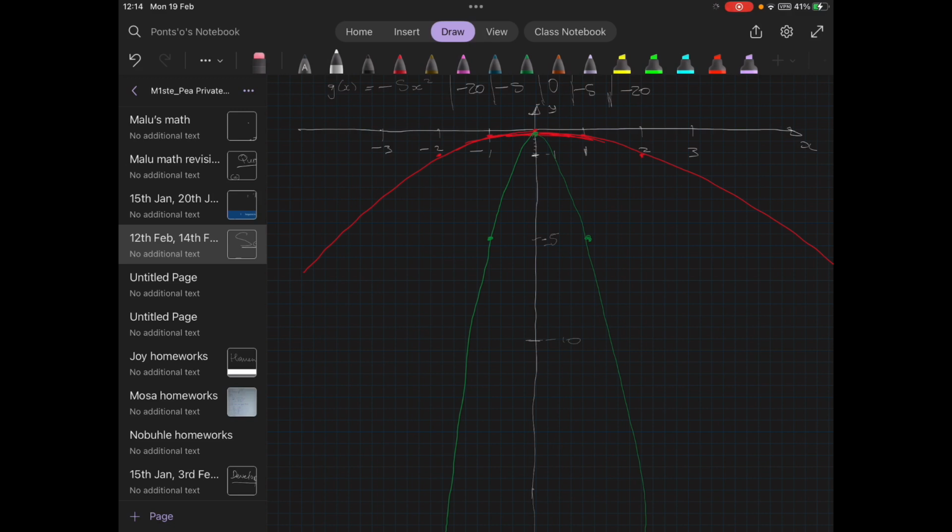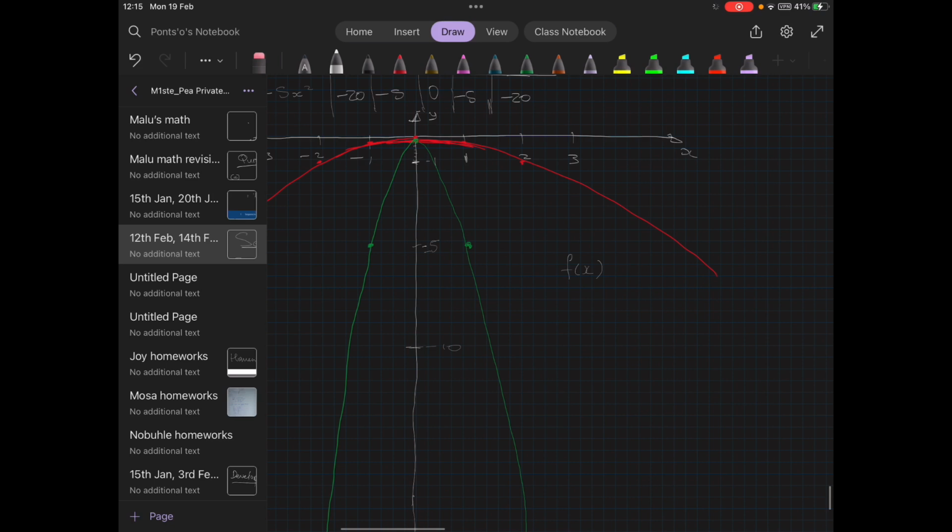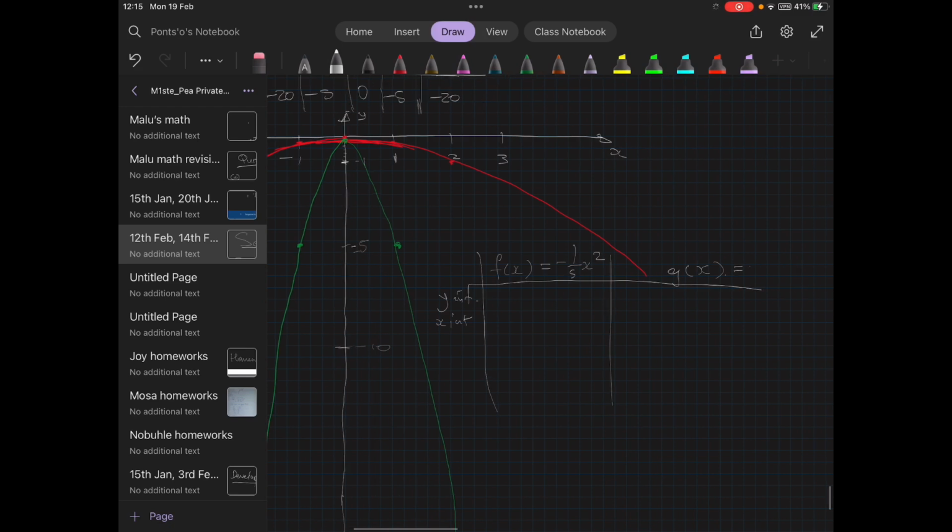So yeah, we're going to do our f of x intercepts and g of x intercepts. So y-intercept for negative 1 over 5x squared is what?